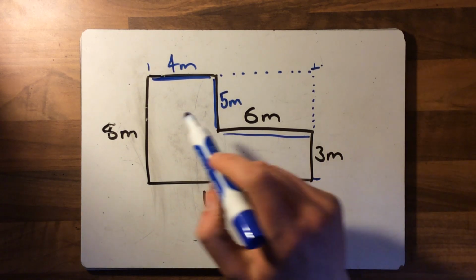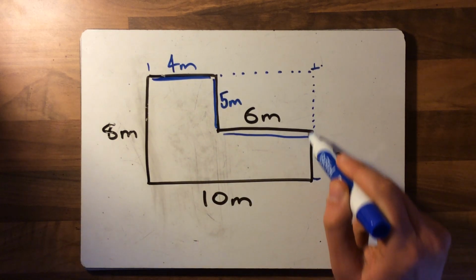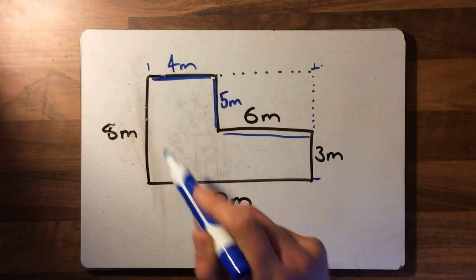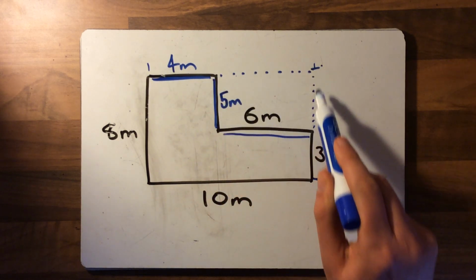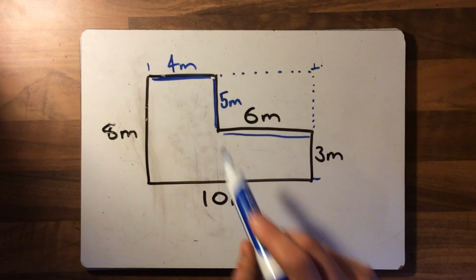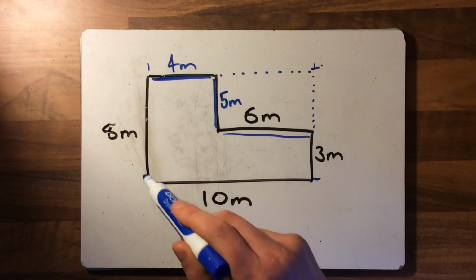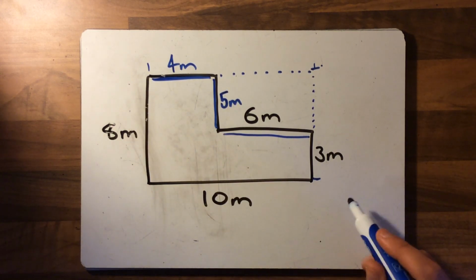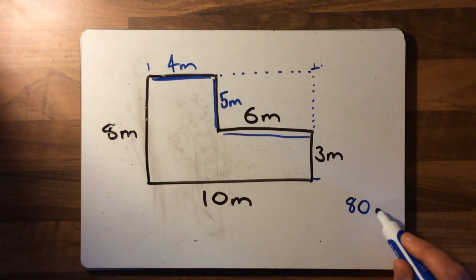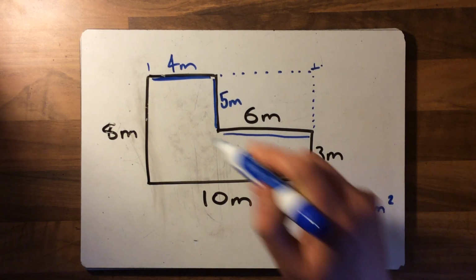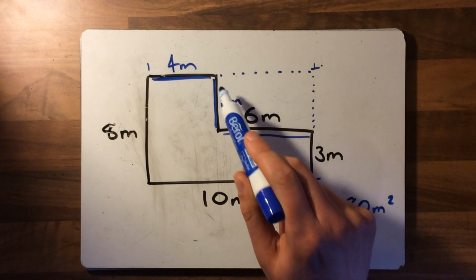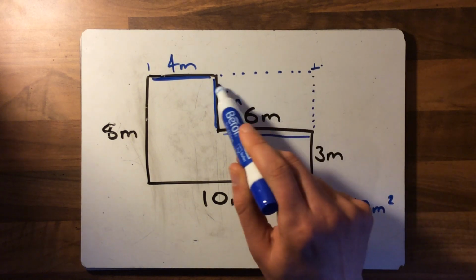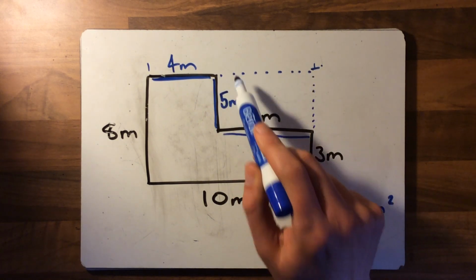The first one is to imagine that it was a complete rectangle, and this dotted line can be quite useful. So imagine this was a complete rectangle. Here you could do 10 times 8, which is 80 metres squared. That's if this was a complete rectangle, but we know it's not because there's this section here that is not part of the rectangle.